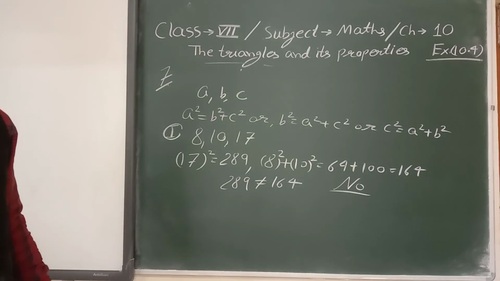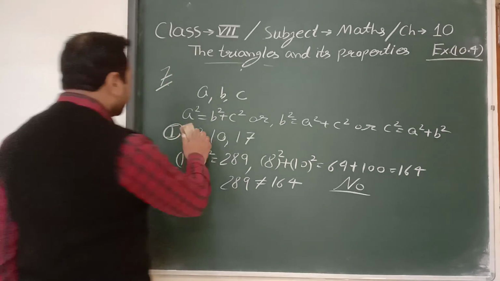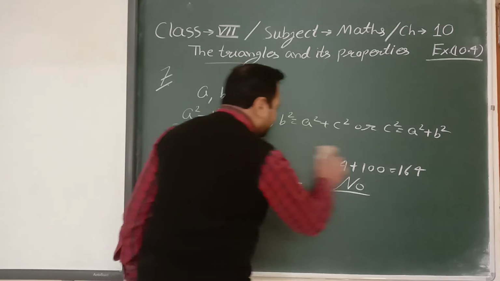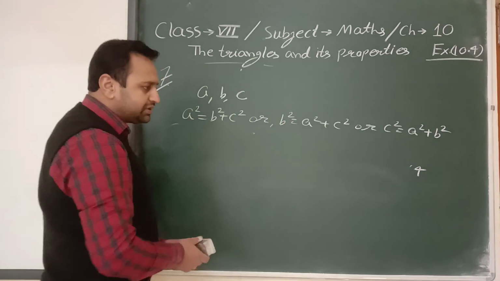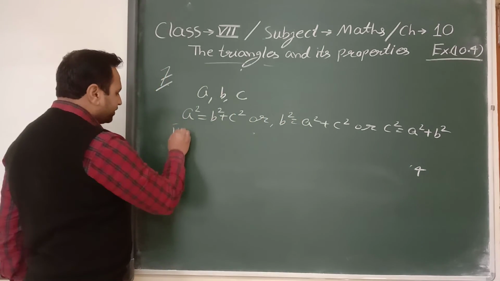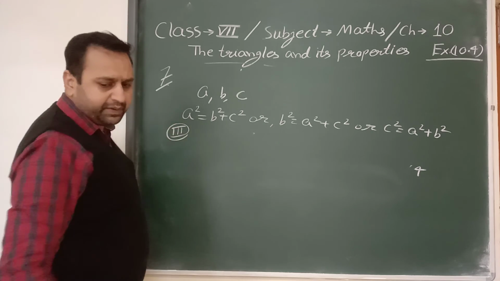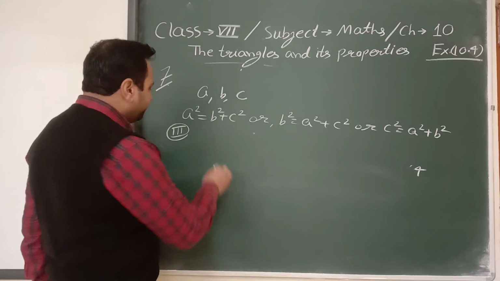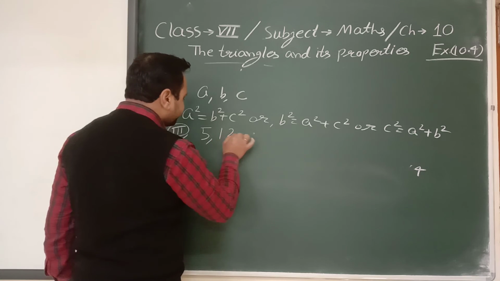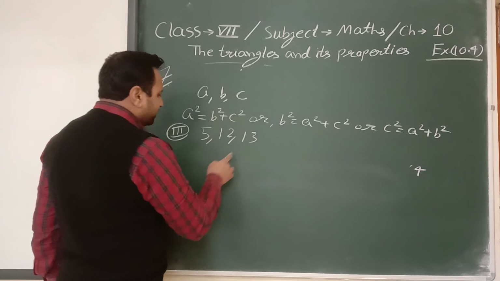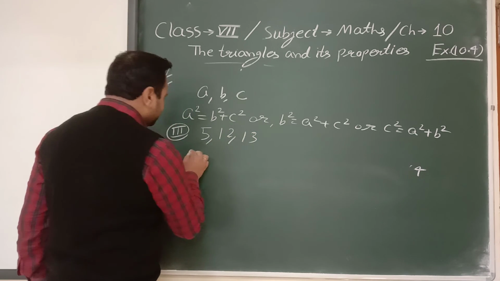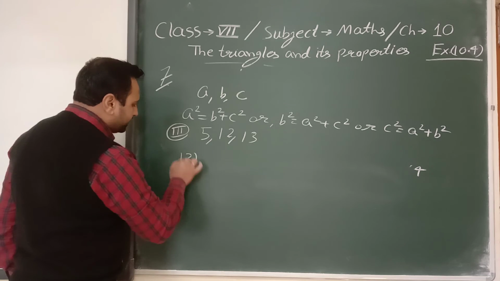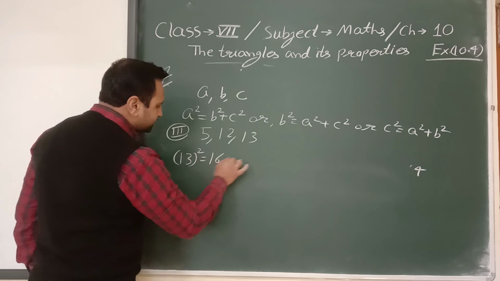Okay, we discuss its third part. In the third part, numbers are given 5, 12 and 13. 13 is the longest side. Longest number 13 square is equal to 169.